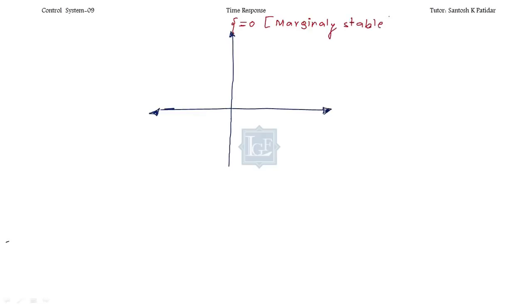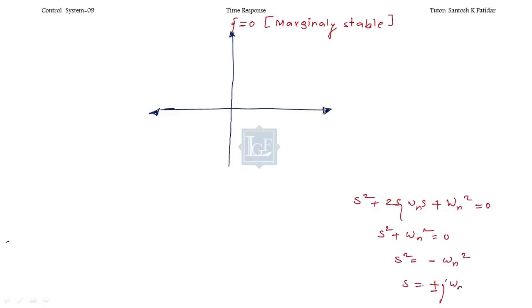Why marginally stable? What is the characteristic equation? The characteristic equation is s square plus 2 zeta omega n s plus omega n square equal to 0. If zeta is 0, you are getting s square plus omega n square equal to 0. s square equal to minus omega n square. So s is nothing but j omega n, meaning at the imaginary axis you are getting your poles.